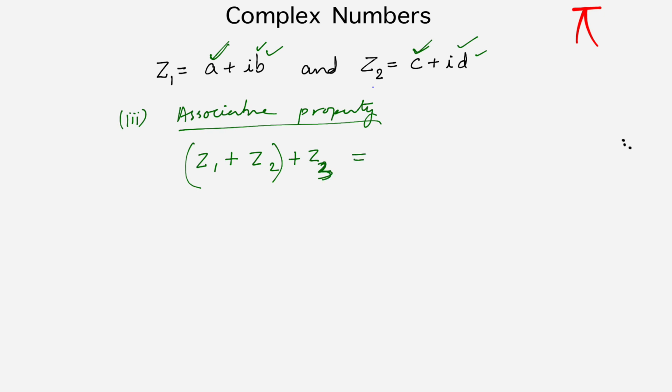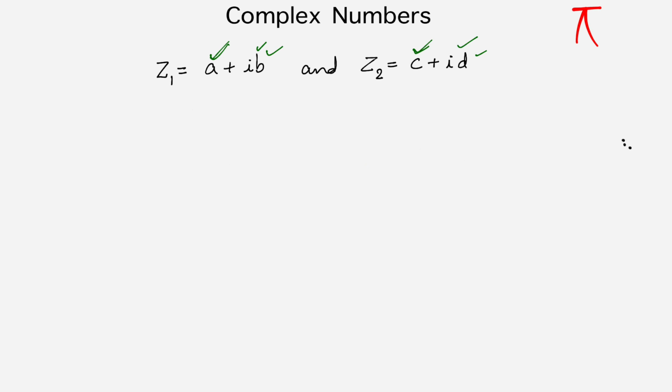So we can write Z1 plus Z2 is added first, that's why it is in the bracket, and then Z3 is added, and we find a complex number. This complex number is actually equal to Z1 plus, if Z2 and Z3 are added first and then Z1 is added. So again, the order of addition is of no importance here. And that's your associative law.